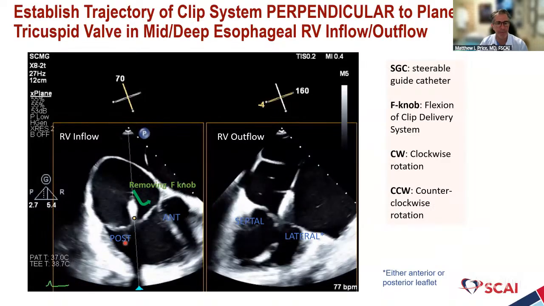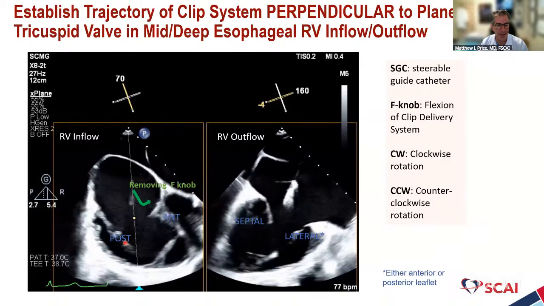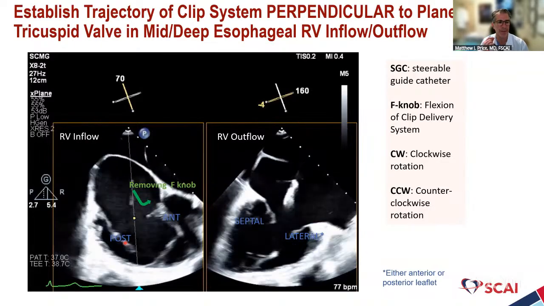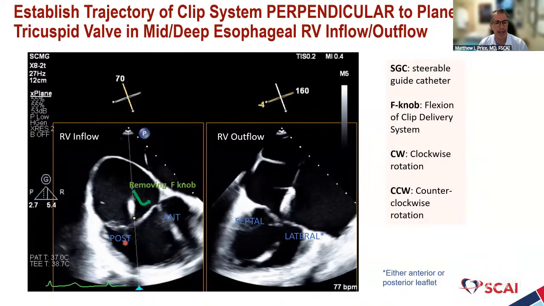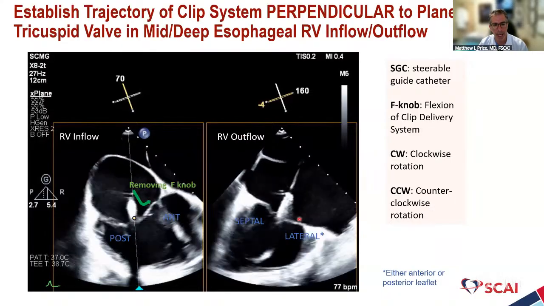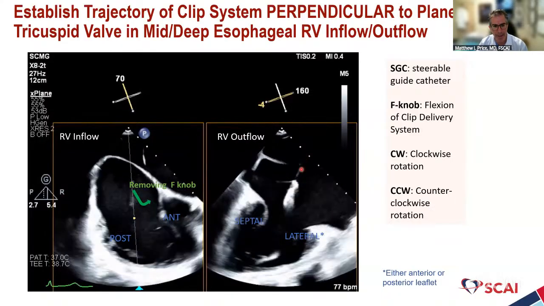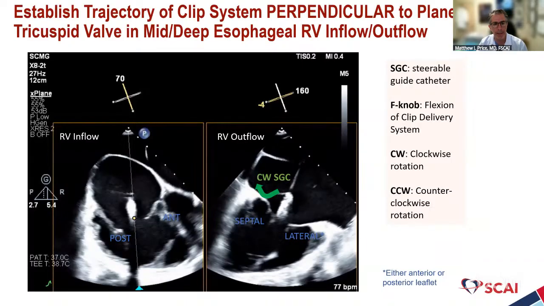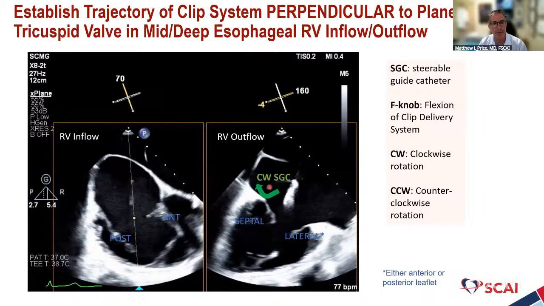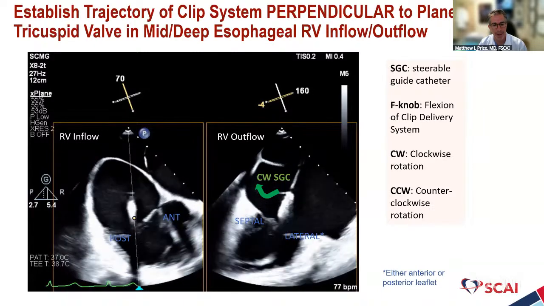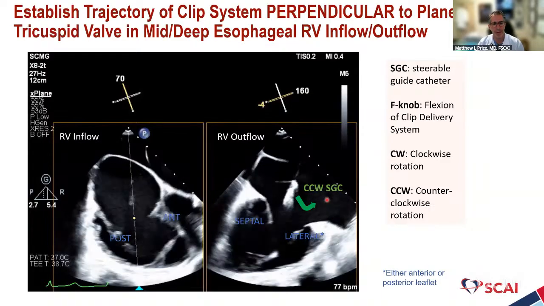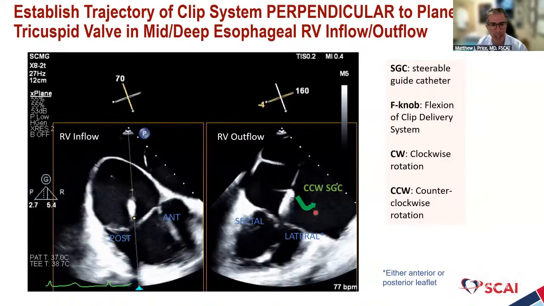Now, this is really important for grasping because the setup of the grasp will make the actual grasp easiest and best. So here on the other side, you're going to want to go straight up and down. This looks like a really good trajectory, but if we felt like we needed to be a little more septal, we would clockwise rotate the steerable guide catheter.